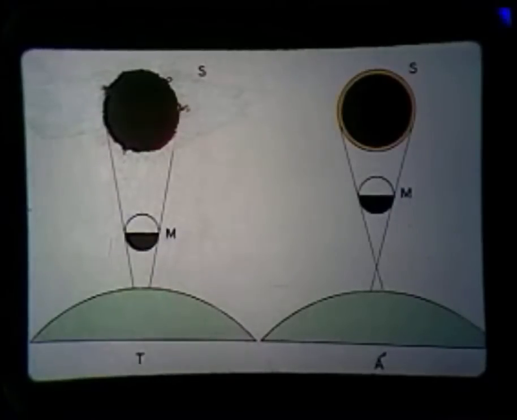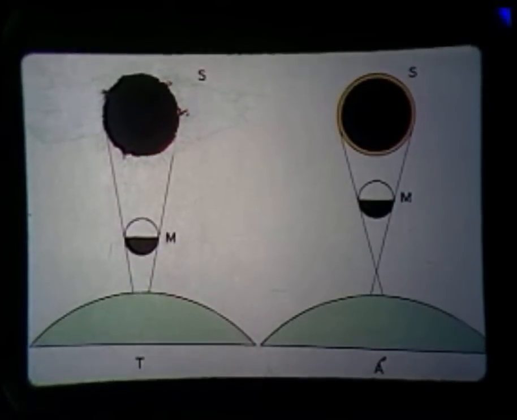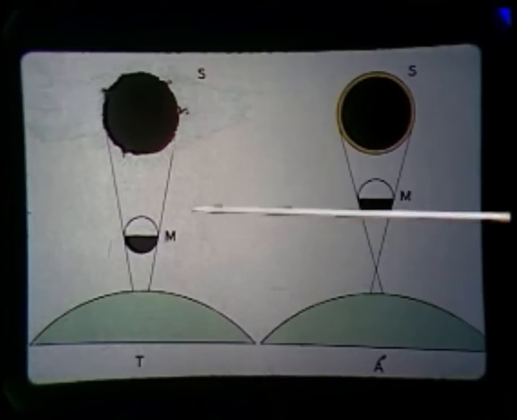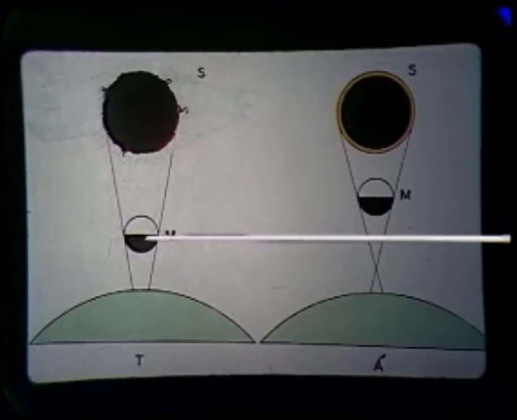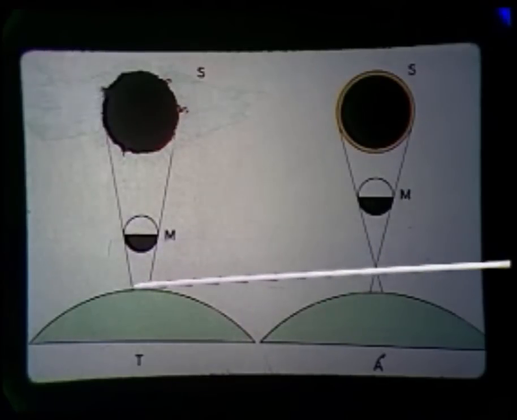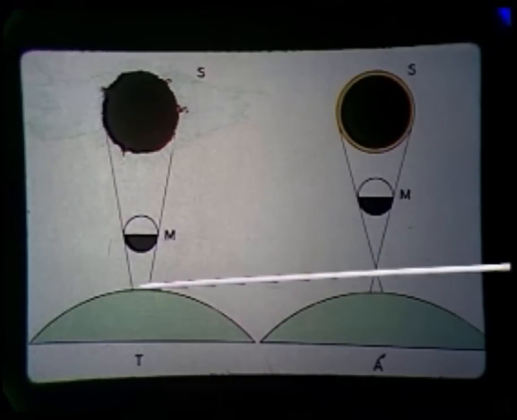Here you see the effect that the distance of the moon makes. The sun here to the left is on top, and the moon is in its perigee. Therefore, the shadow that it casts onto the Earth is larger.